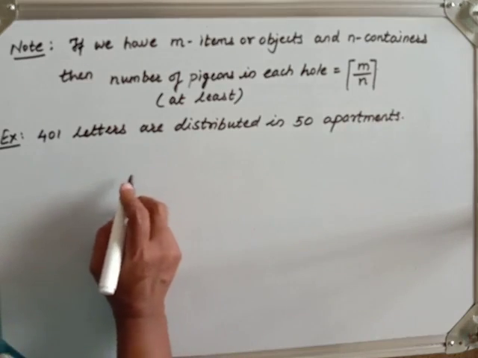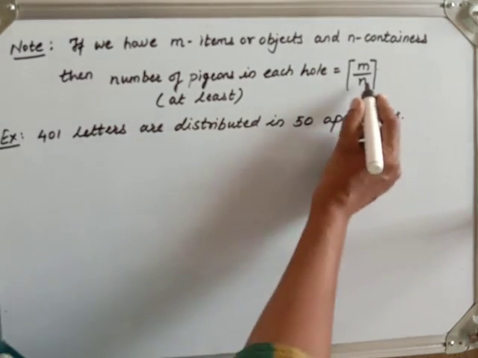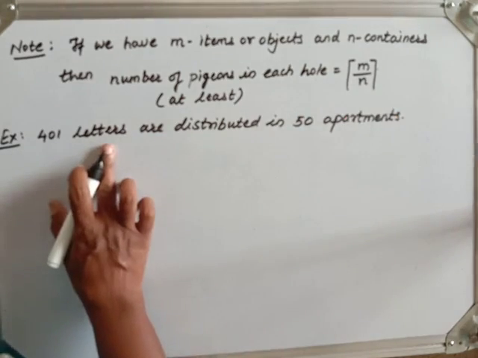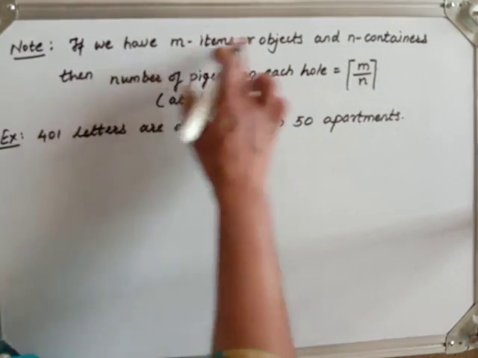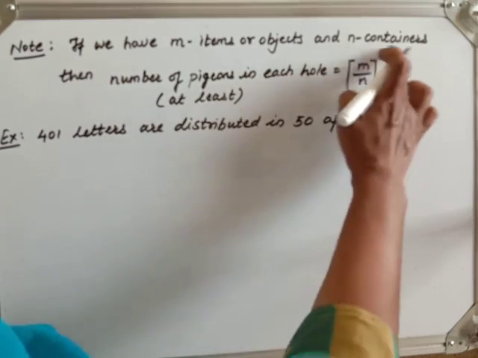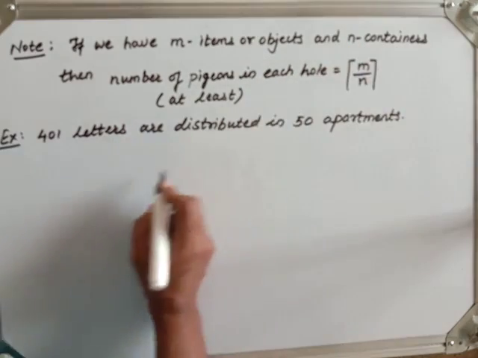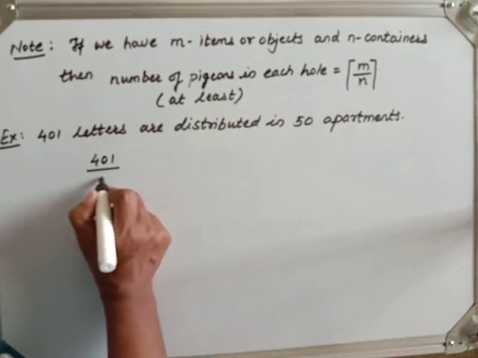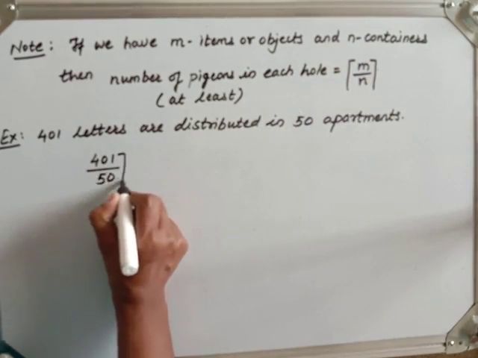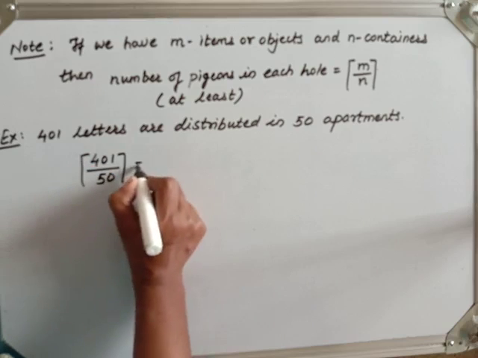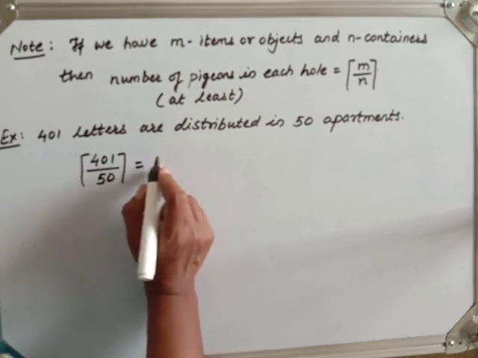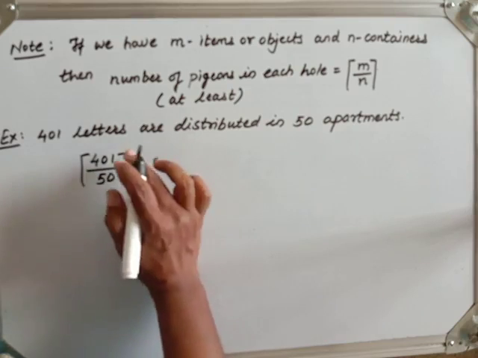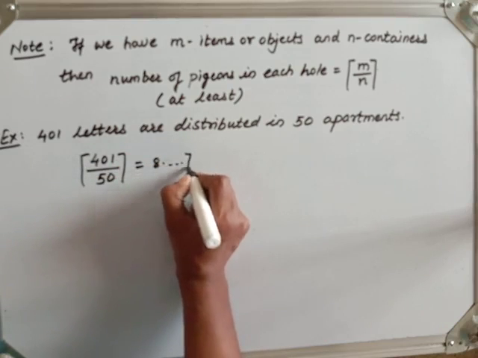Same thing, we will find this value. 401 letters are the items with us, and 50 apartments are the n containers. So we will find 401 upon 50. The ceiling of that will be 8 point something.